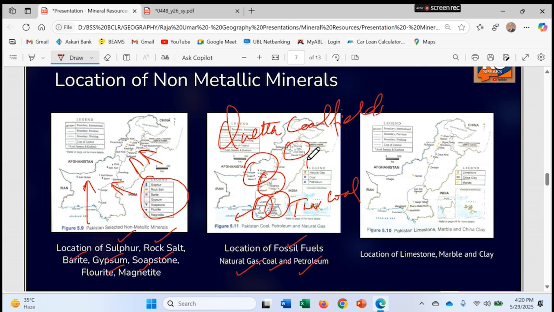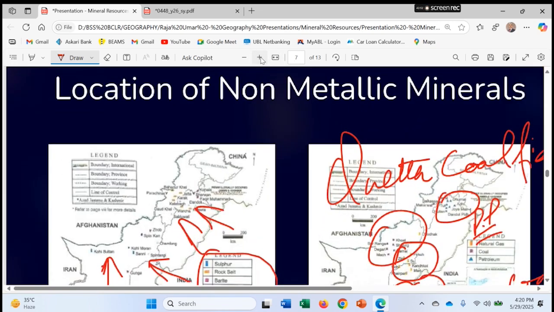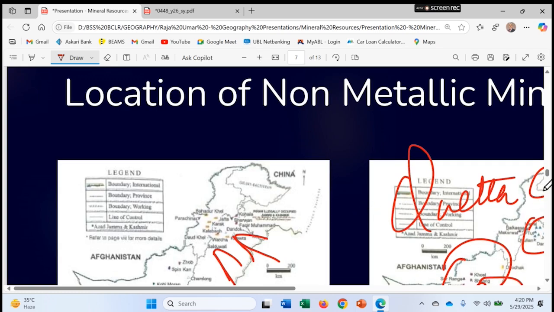And you can say southern Sindh for petroleum, and this is the Potwar Plateau petroleum region, and the central region, or you can say the eastern Balochistan and northern Sindh bordering areas, that is Uch, Zin and Sui. They are the important regions of the fossil fuels.